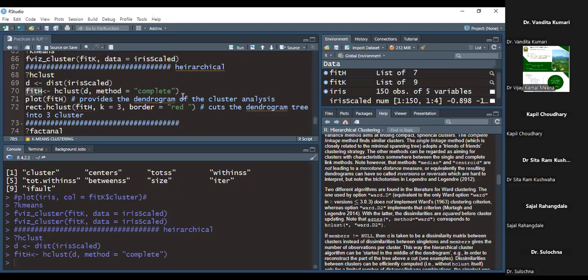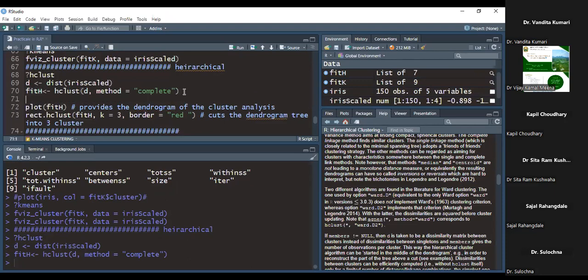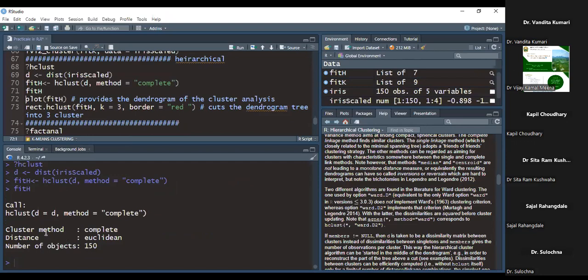So let's run fitH to see what that is. It shows that the clustering method used is complete, the distance has been calculated on the basis of Euclidean distance, and the number of objects on which clustering has been performed is 150.